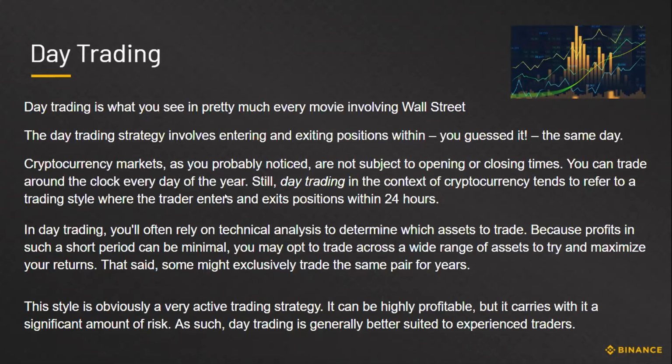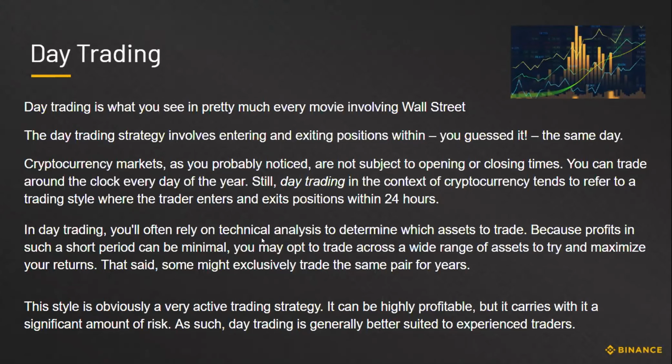So you use technical analysis also for day trading. Cryptocurrency markets are not subject to opening and closing times. You can trade around 24 hours. You can also use day trading to find out what time is most active in the markets. Day traders usually find out what time is most active and then they trade within those periods.